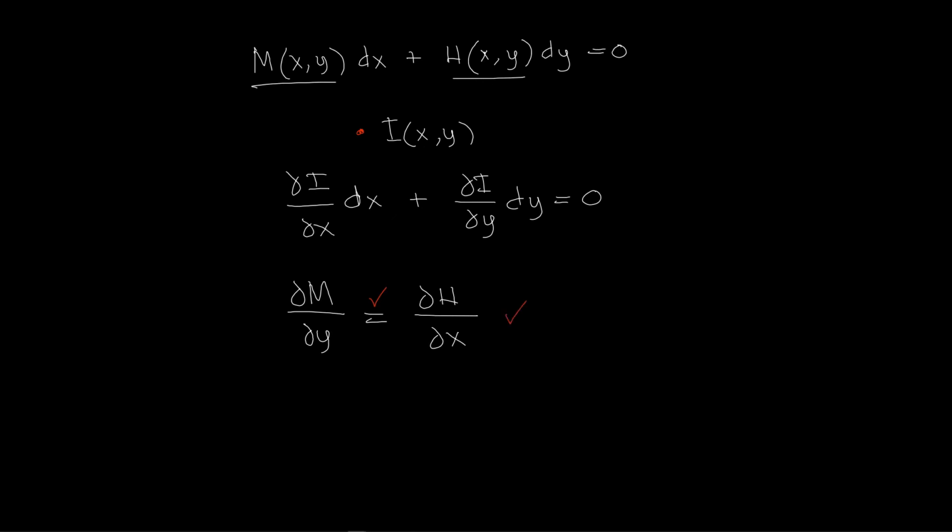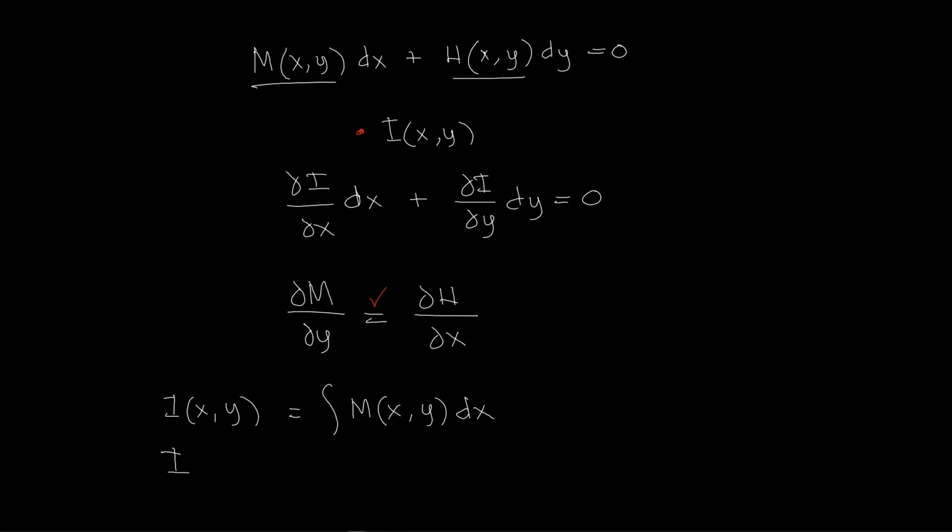Kung na-met niya ang condition, then we can find I of x and y by simply, okay, pwede tayo ingon that the I of x and y is simply the integral of M of x and y dx. Okay, pwede tayo maingon, ingon lang siya, x as an independent variable. So, ang x imong independent variable dara.